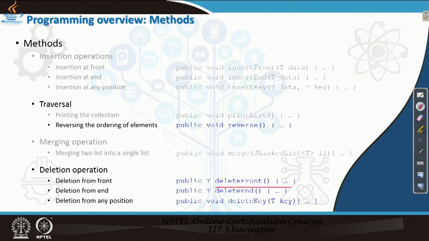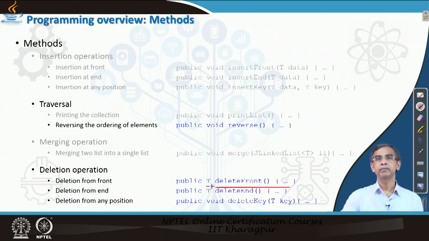This method does not require any argument, but it will return the value of the node that it has deleted successfully. Then deletion at end, it also does not require any arguments to be passed to this method. It will return the value of the node that it deletes successfully.